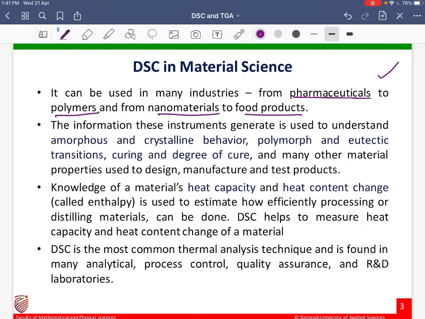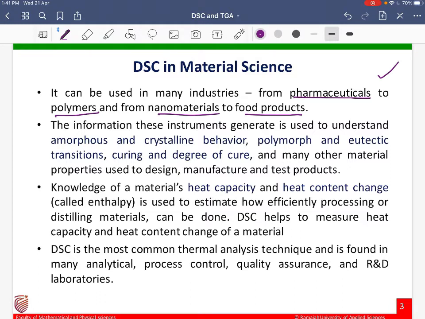So using differential scanning calorimetry, we can get many characteristics of materials, such as amorphous and crystalline behavior, and whether the material will show polymorphism or not. Is there any eutectic transition in a mixture of samples?